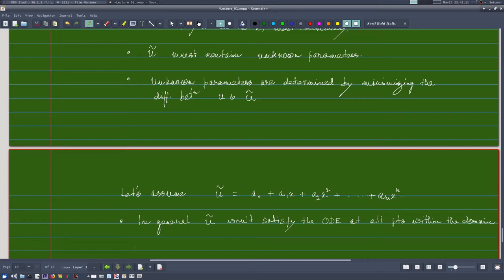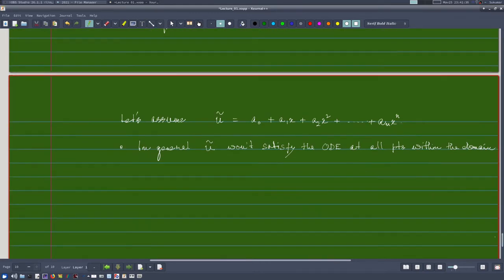And when I substitute this approximate solution in the governing equation, then I will have some error of the governing equation.